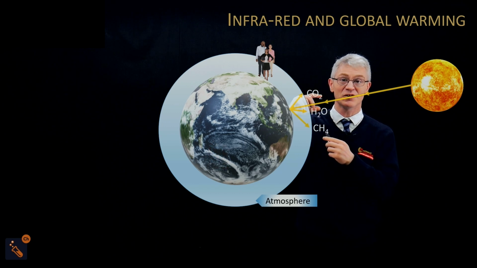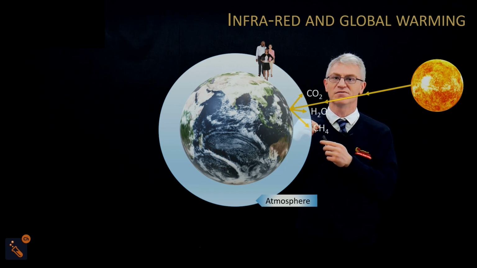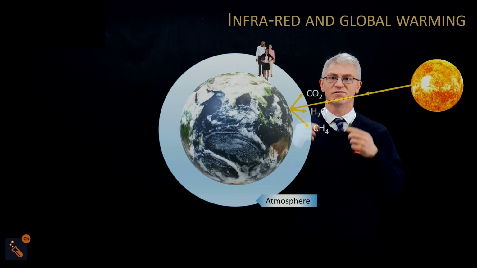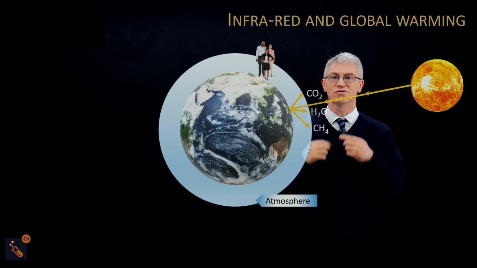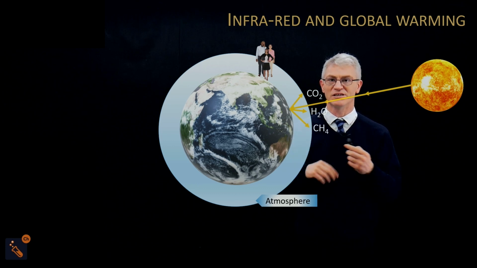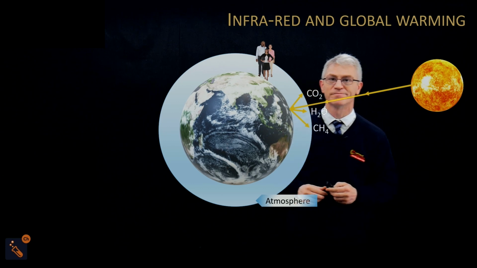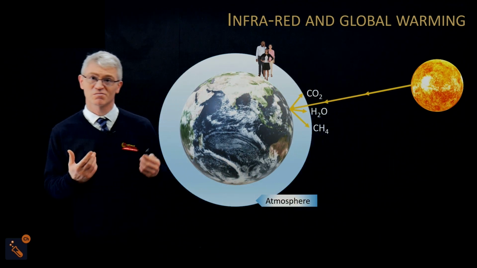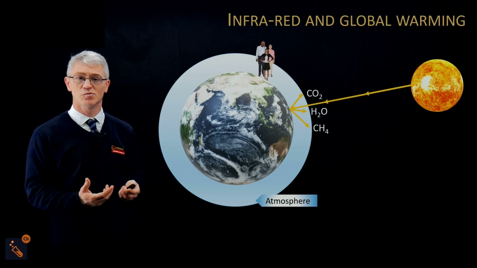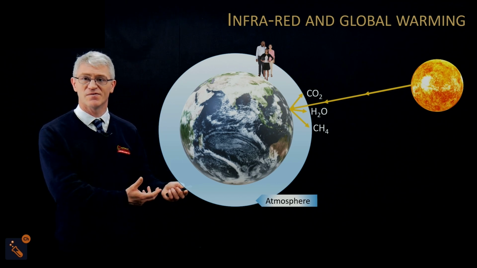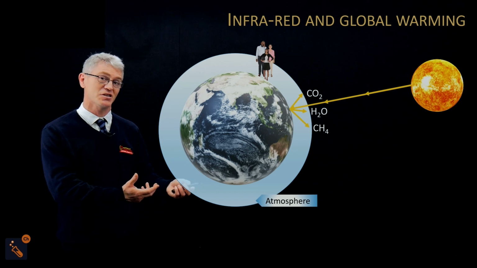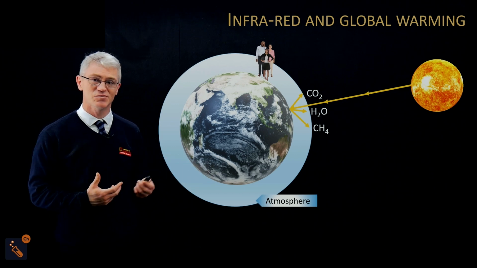So it's the C double bond O that absorbs the infrared radiation, the OH in water that absorbs the infrared radiation, and the CH in CH4 that absorbs the infrared radiation. That stops it being released, which means the Earth warms up. So basically, if we didn't have global warming, we couldn't have infrared spectroscopy, unfortunately. The two are intimately linked.